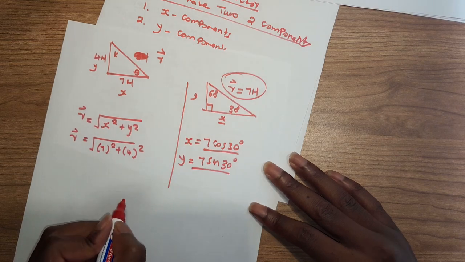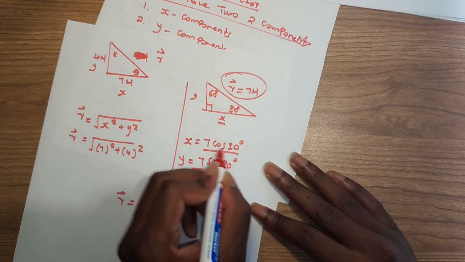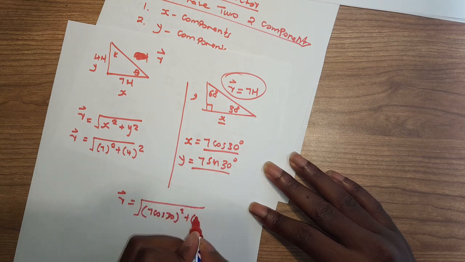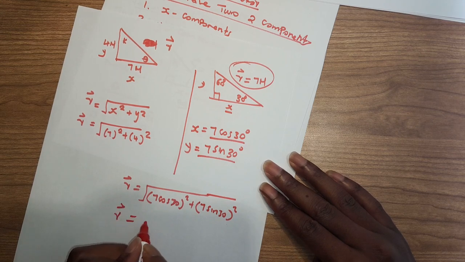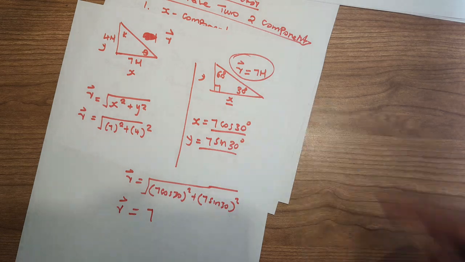What is the x component? It is 7 cos 30 degrees. What is the y component? It is 7 sin 30 degrees, and then you square them. I'm 100% sure if you hit this on the calculator, you're going to get 7. So that's how you find the resultant.